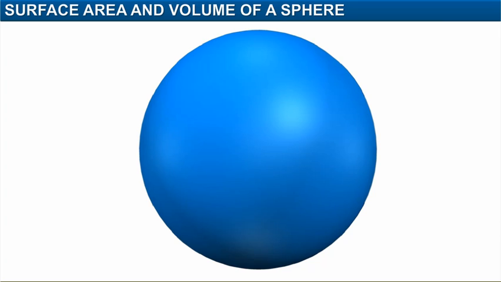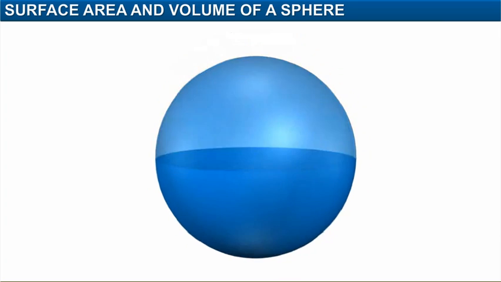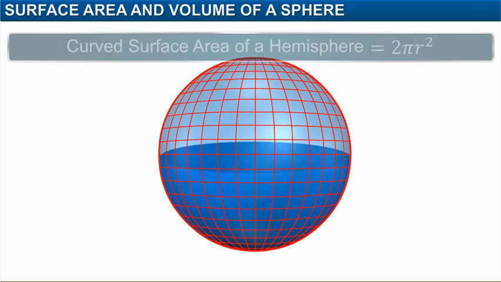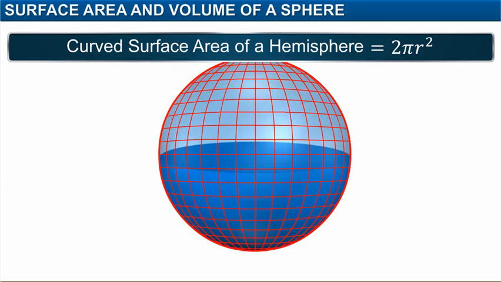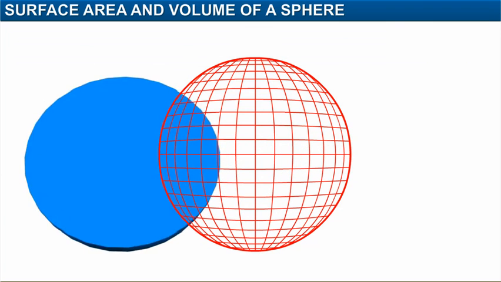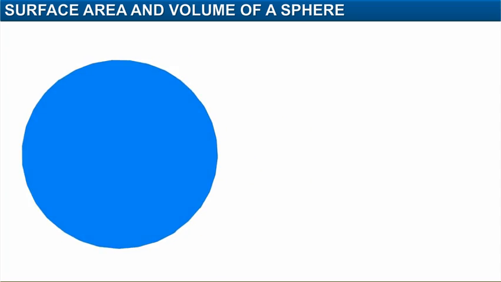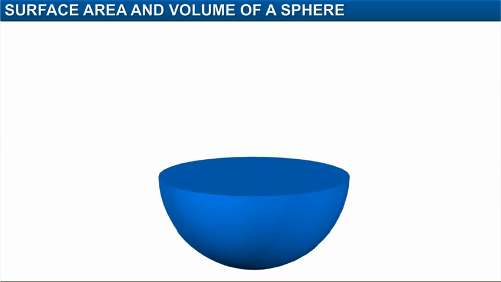The curved surface area of a hemisphere is exactly half of the surface area of the sphere. That is 2 pi r squared. The flat surface is a circle. Thus, the area of the flat surface is pi r squared.